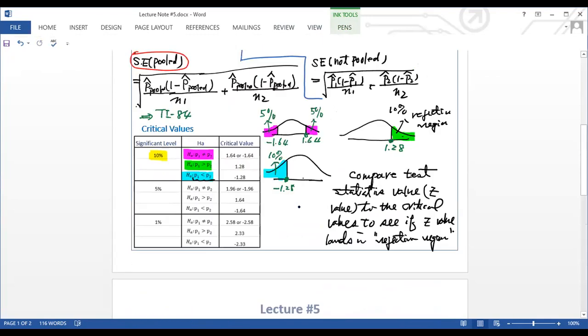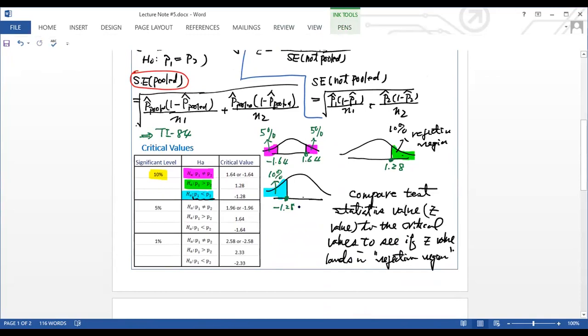That's it. After this lecture, before we go to the next test, because we have talked about this z-test a lot, we're going to take a detour and talk about what this z is. What is this z table?